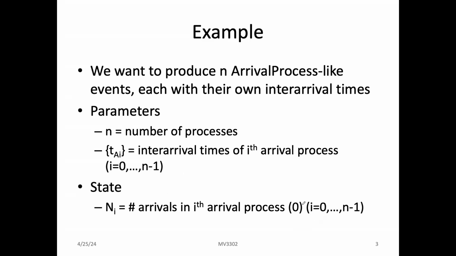And so now we want to do all of this in one component. And so this is just an event graph. So we have the number of processes, and then an array of inter-arrival times, which in the implementation typically can be random variates. And then now our state is also an array, and that's going to be the number of arrivals in the ith arrival process.